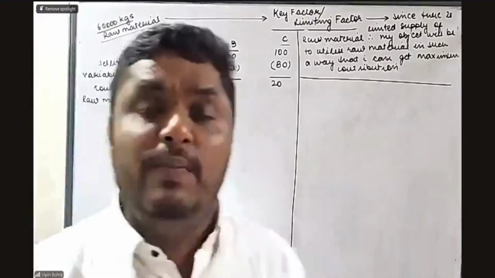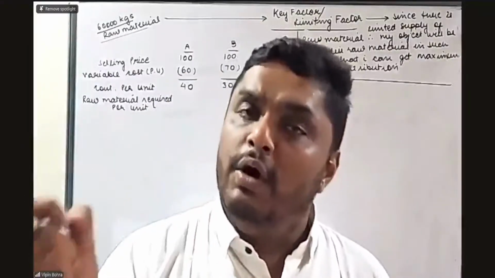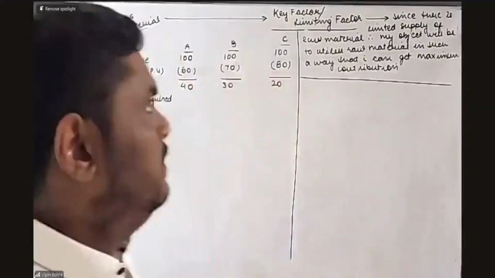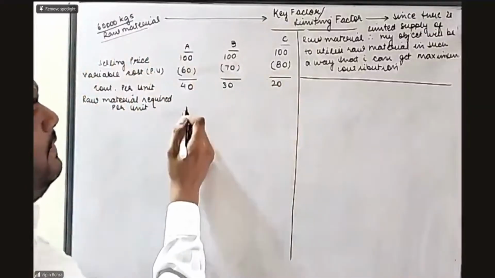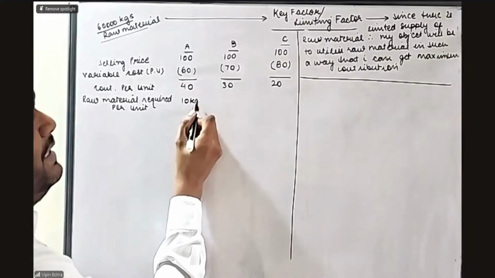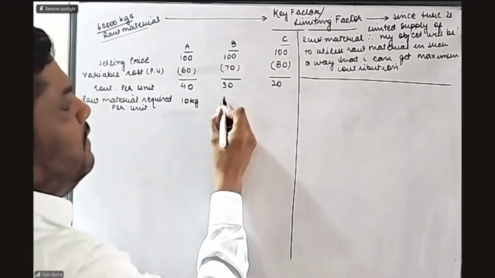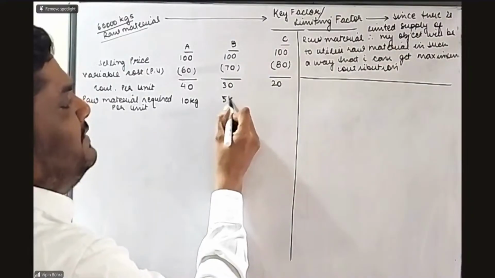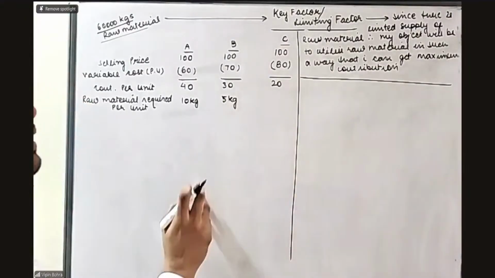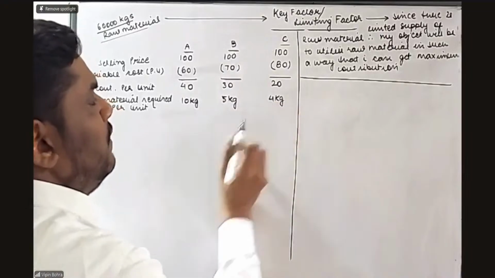That is how much material is required to manufacture 1 unit of product A, product B, and product C. So to manufacture product A, let's say 10 kgs is required. To manufacture product B, let's say 5 kg is required. And to manufacture product C, let's say 4 kg is required.